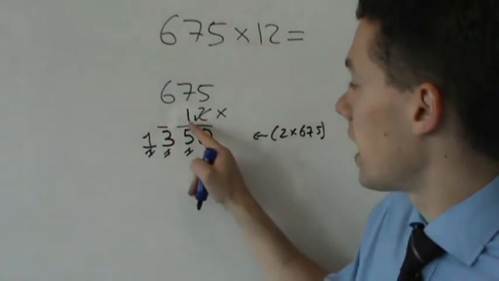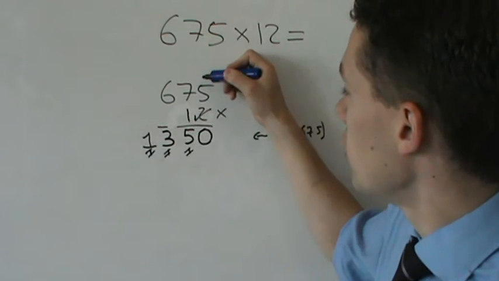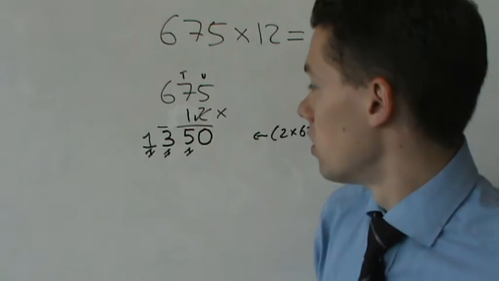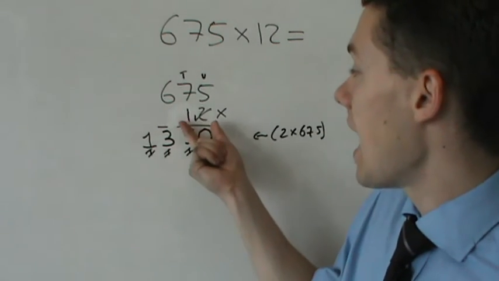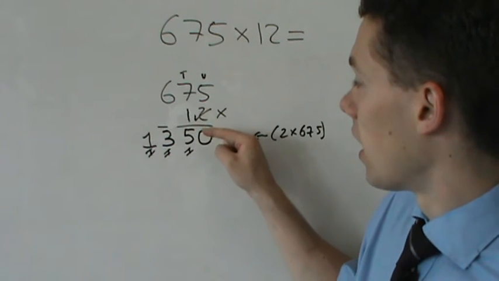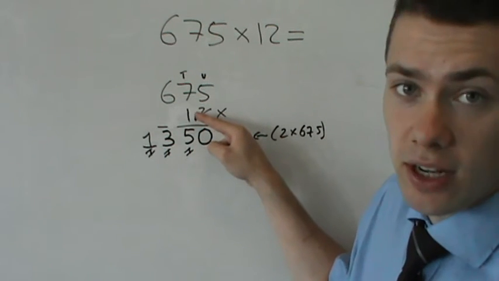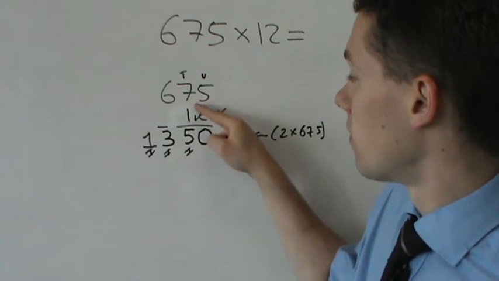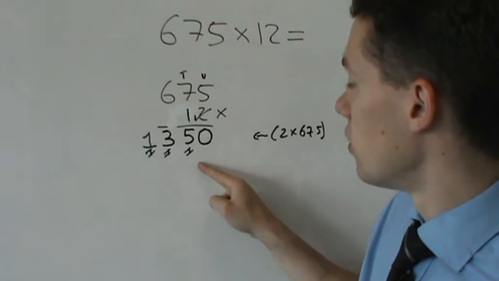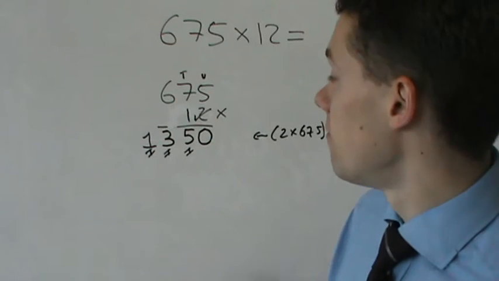But the problem is it's not actually a 1, it's a 10. We've got the units column here, we've got the tens column here. So because I'm actually doing 10 multiplied by 675, I can't just put my first calculation, which is going to be 1 times 5, down here straight away, because 10 times 5 is not 5, it's actually 50.